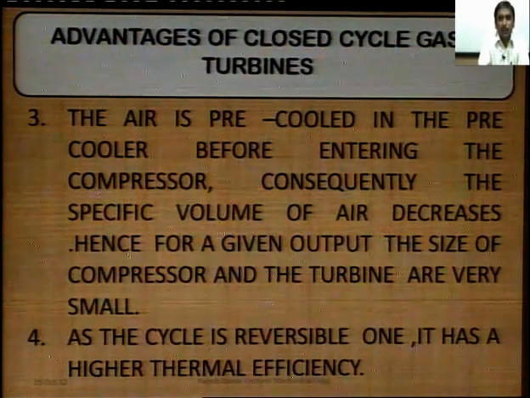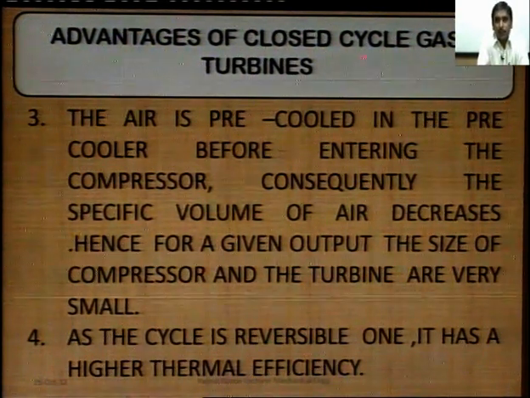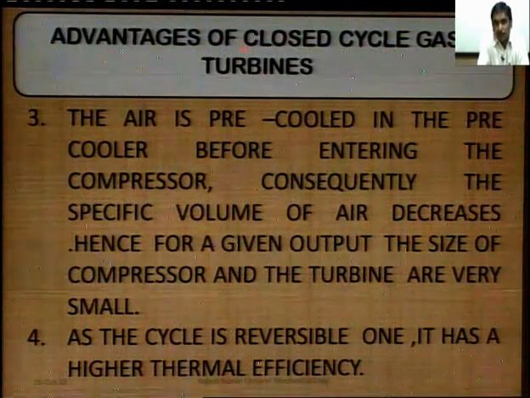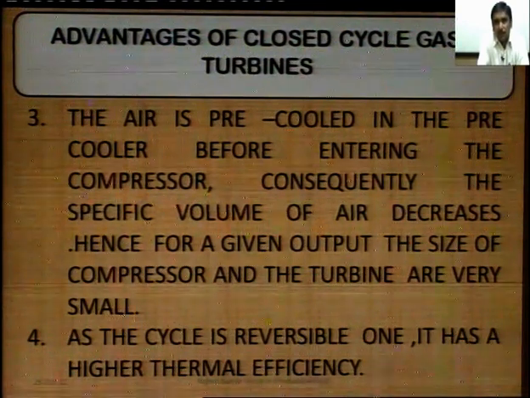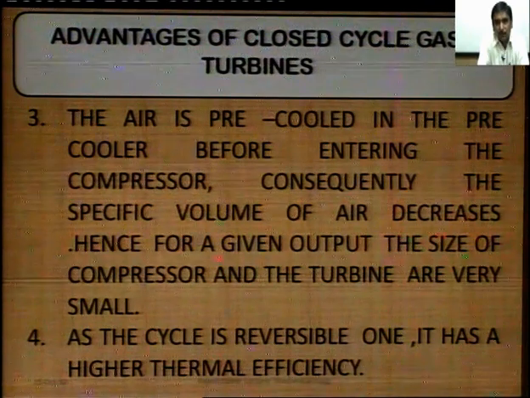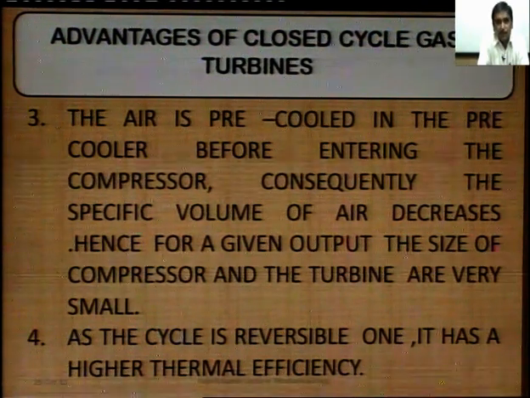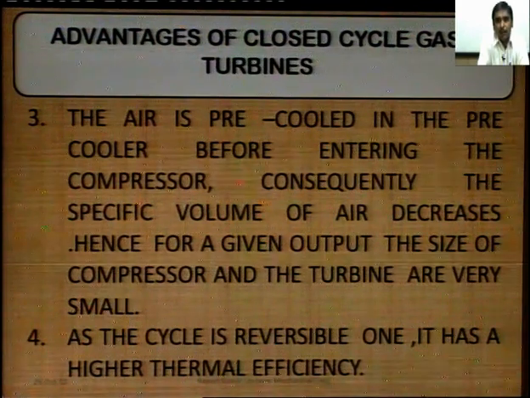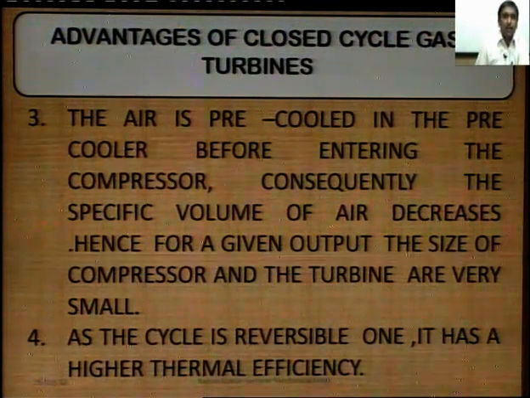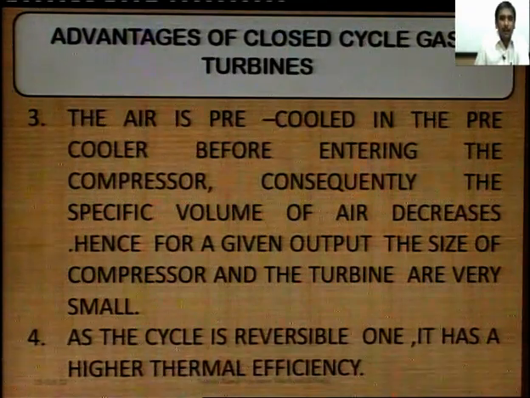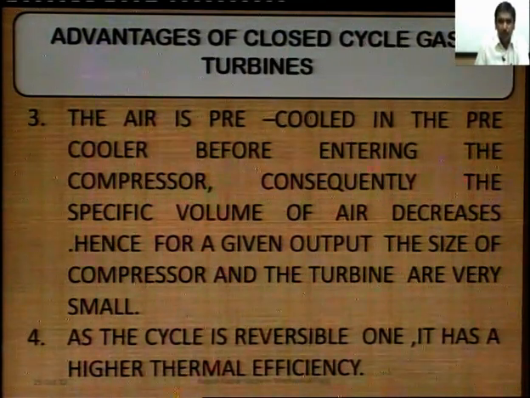The air is pre-cooled in the pre-cooler before entering the compressor. Consequently, the specific volume of air decreases. Hence, for a given output, the size of compressor and the turbine are very small. As the cycle is reversible one, it has higher thermal efficiency.